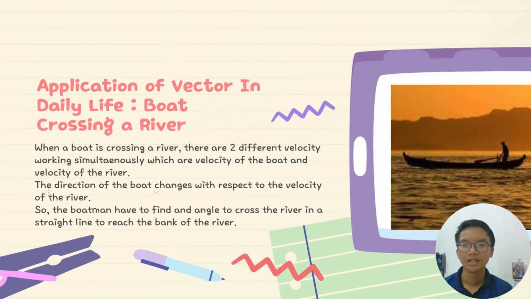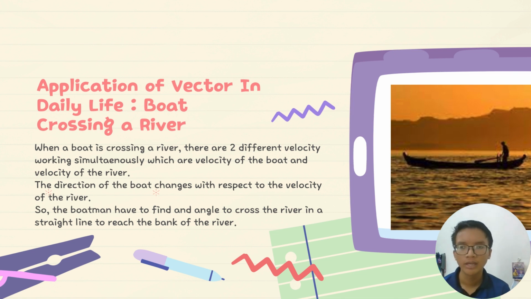The application of vector in terms of a boat crossing a river. When a boat is crossing a river, there are two different velocities working simultaneously, which are the velocity of the boat and the velocity of the river. So the direction of the boat changes with respect to the velocity of the river. The boatman has to find the angle to cross the river in a straight line to reach the bank.